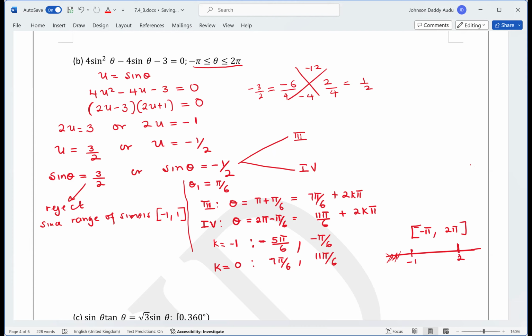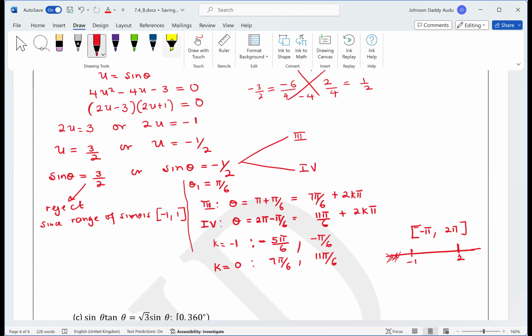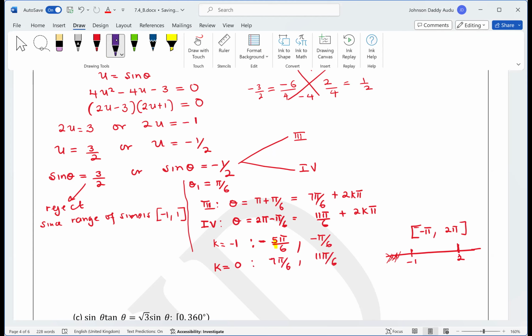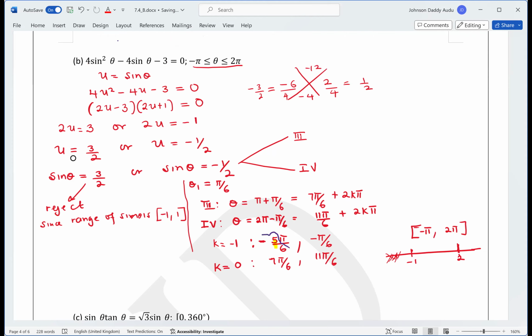And if you look carefully, I think both of them are inside this range, because for this one, you have to just look at the coefficient, just like I said, and compare the coefficient. This one is minus 5 pi over 6. So you look at this one. This is what you need to look at. So minus 5 over 6 is going to be between 1 and 2.